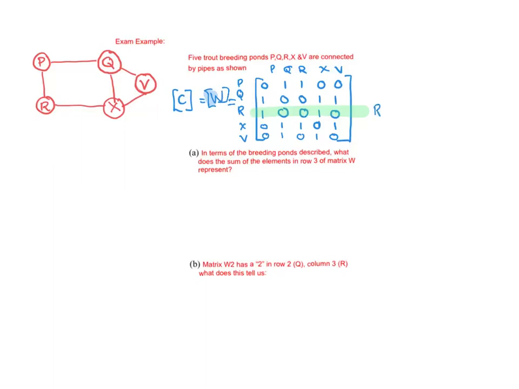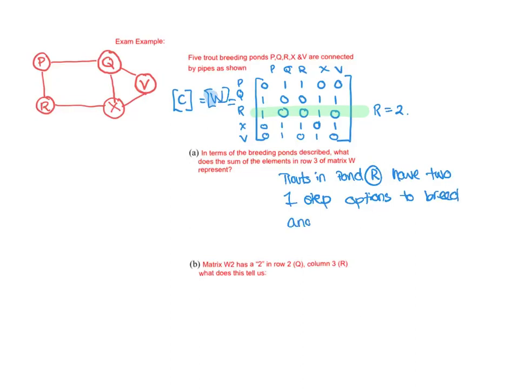If you add them up, R equals 2, it represents that the trout in pond R have 2 one-step options to breed in another pond, and if you have a look, they are P and X.